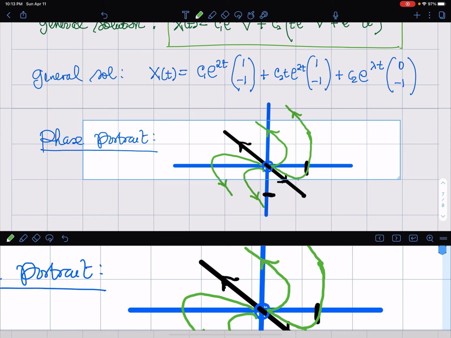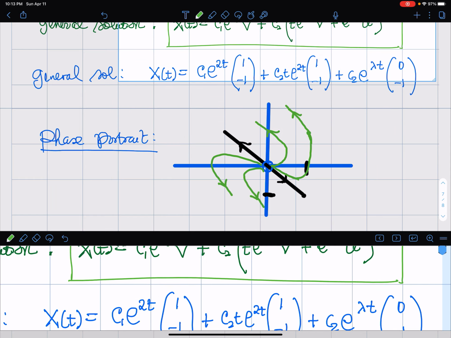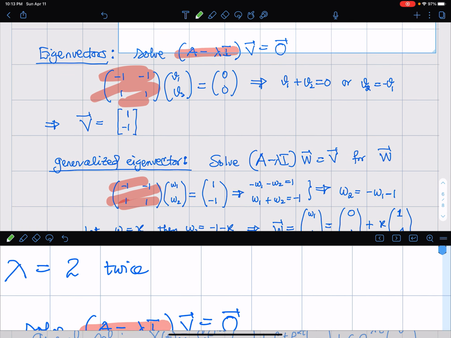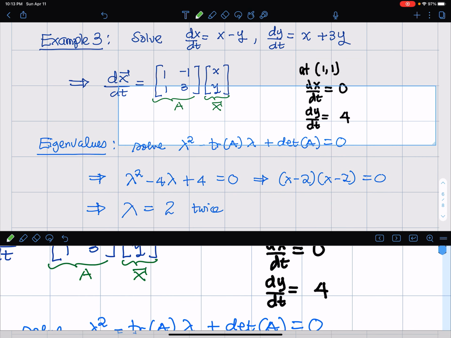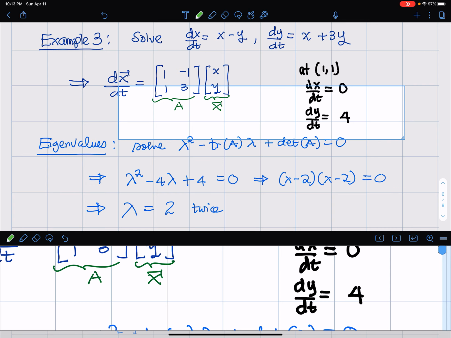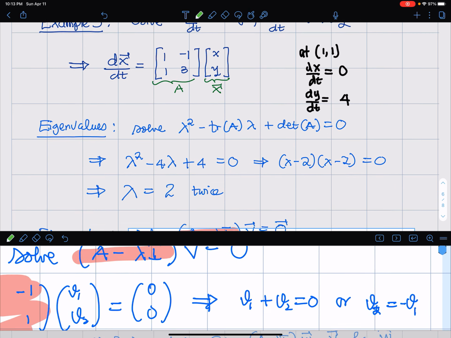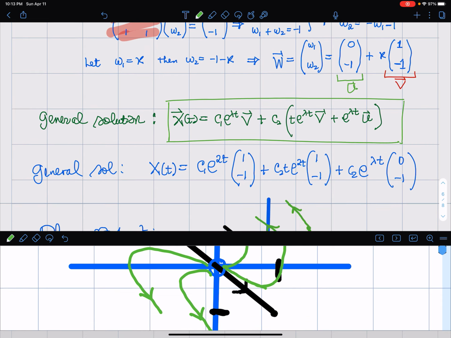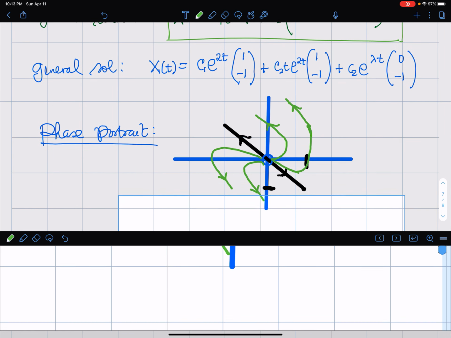My point of picking those values is to just see which way it is going. X is not increasing at that point. Meanwhile, y is increasing. That's how you get it.